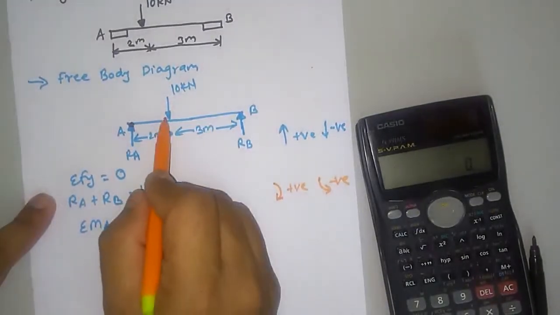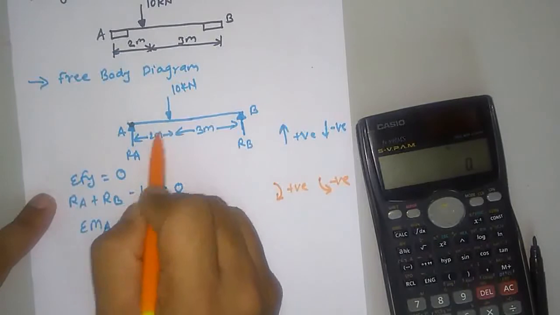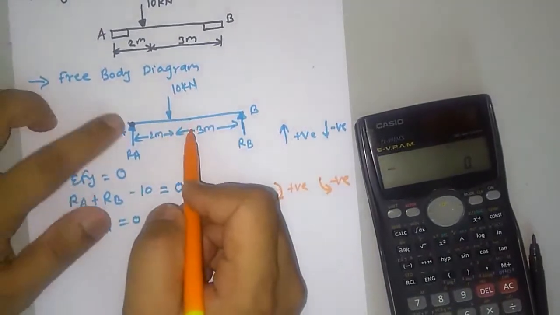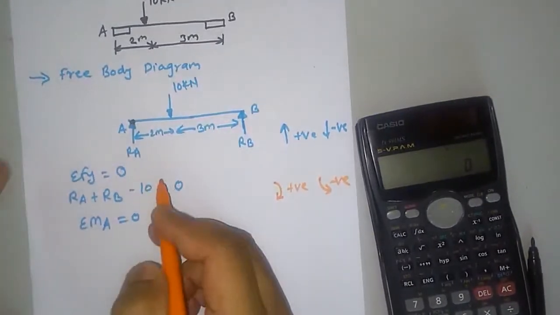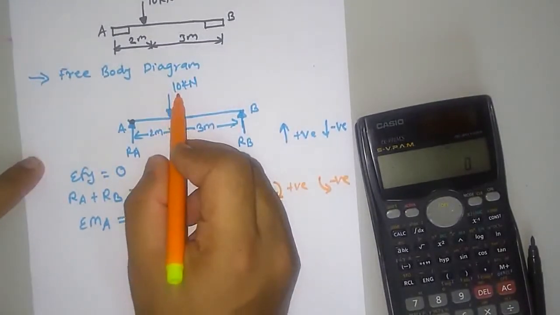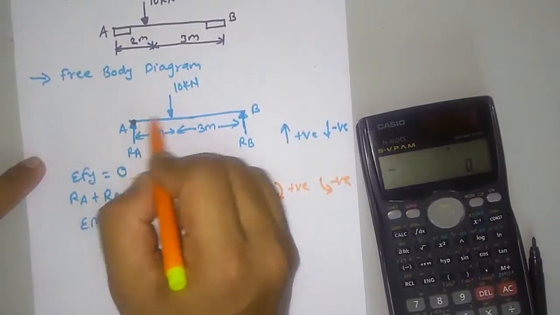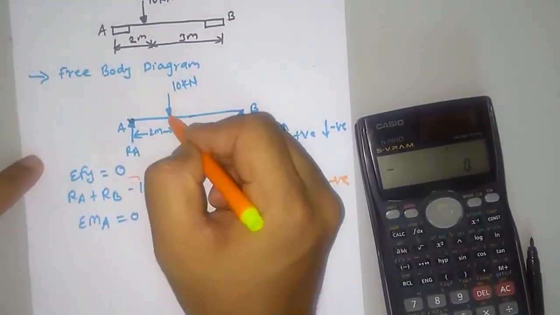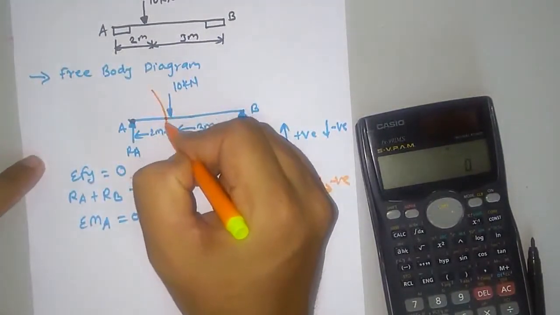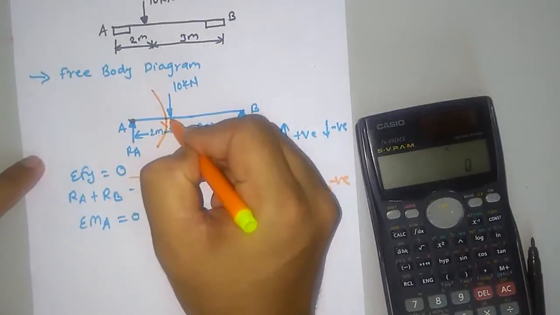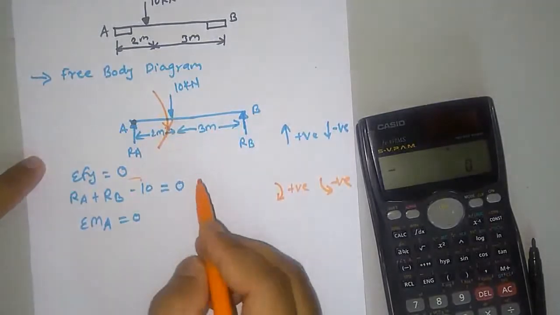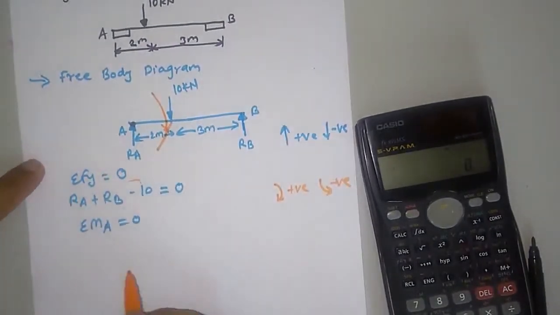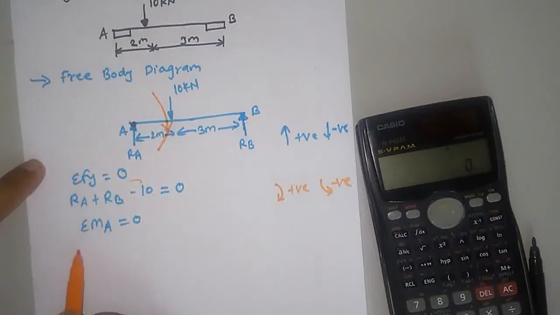Now the 10 kilonewton, what is the direction? If you put your finger here, the direction is clockwise. If you draw the circle here, clockwise means like this, and this direction is matching, so it is clockwise. For clockwise we are taking positive.